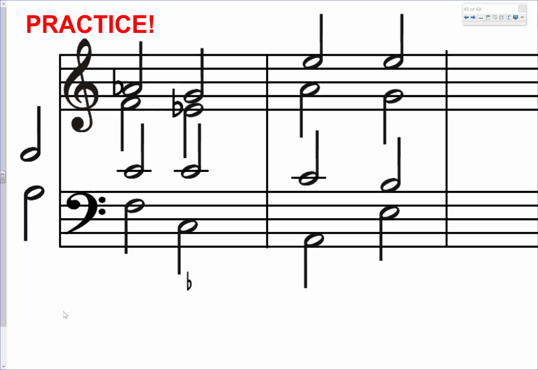The bass moves by that of a fourth, which means there'll be one common tone. And in the second measure, the bass moves by that of a fifth, which means there'll be one common tone.